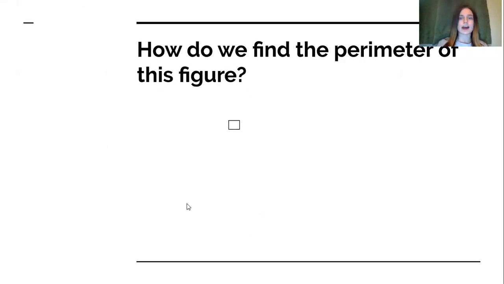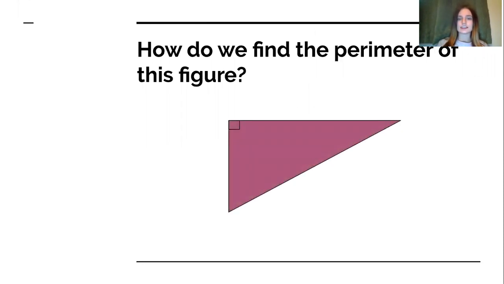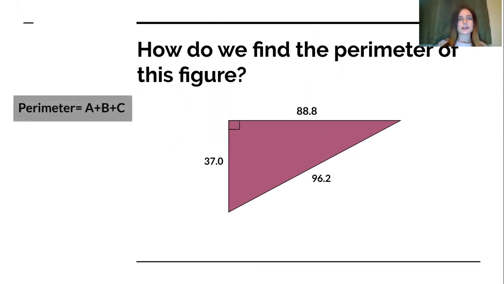Let's go to question 3. How do we find the perimeter of this figure? Let's look at it. So we have side lengths of 88.8, 96.2, and 37.0. So to find the perimeter of any object, we add up the side lengths together, and that equals the perimeter.